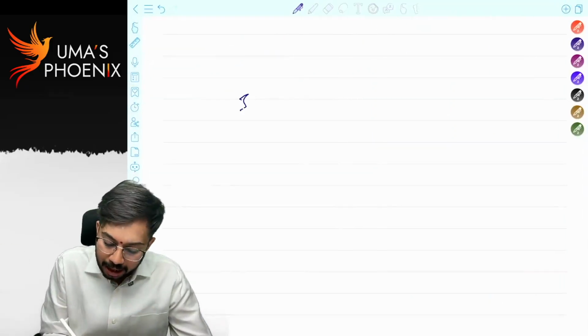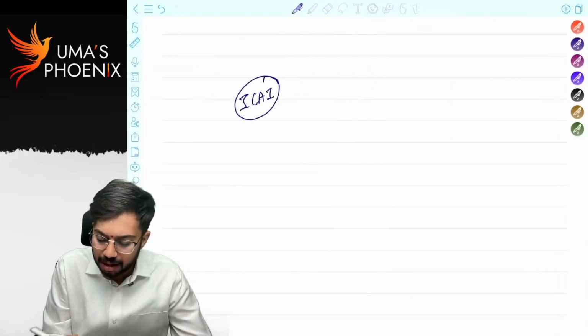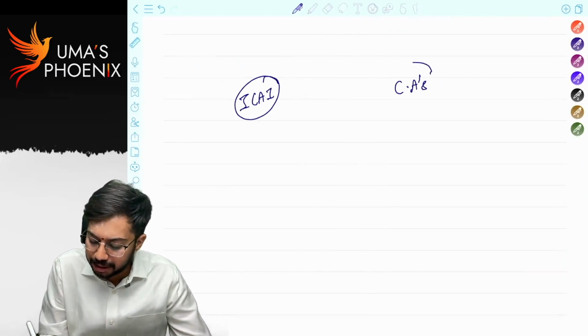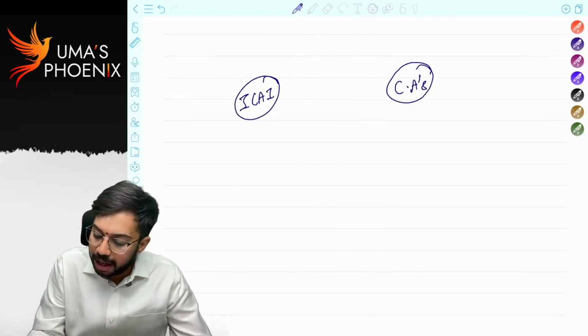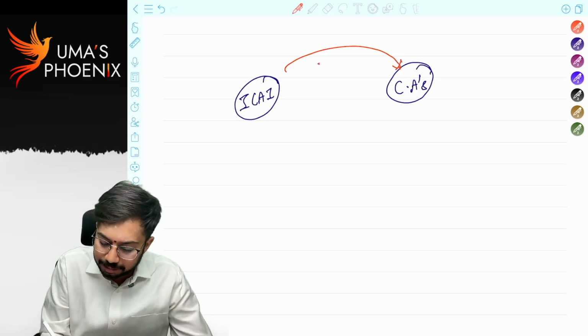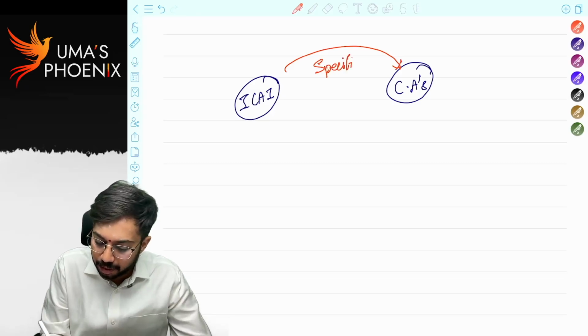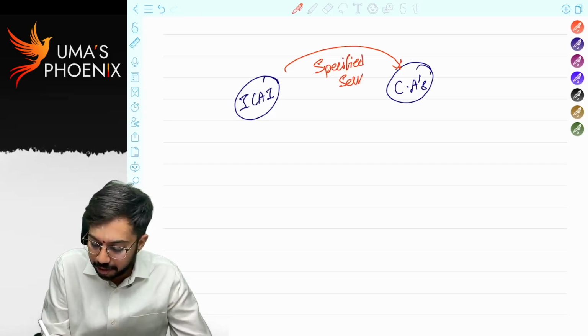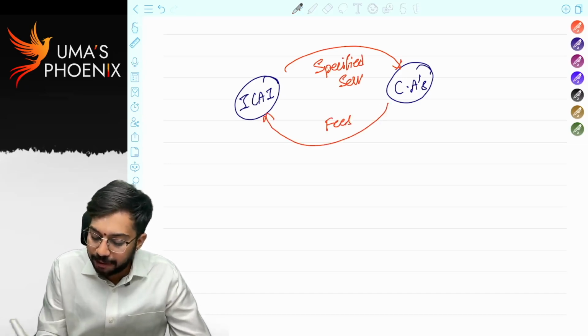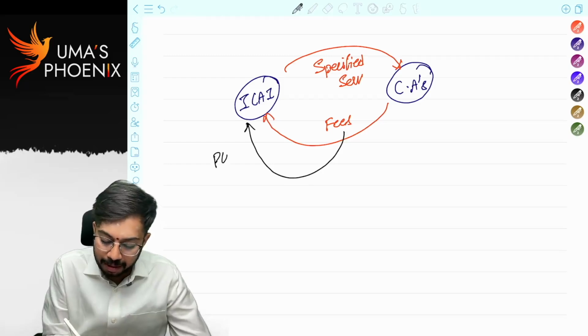So ICAI, who are its members? Chartered accountants are its members. For providing specified services, if any fees is received, that fees is taxable to ICAI under the head PGBP.